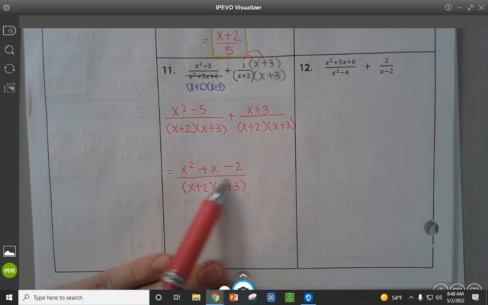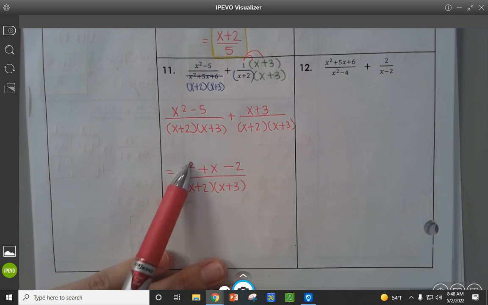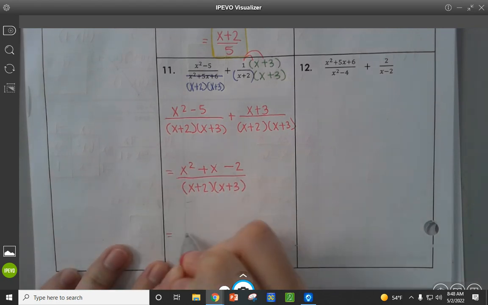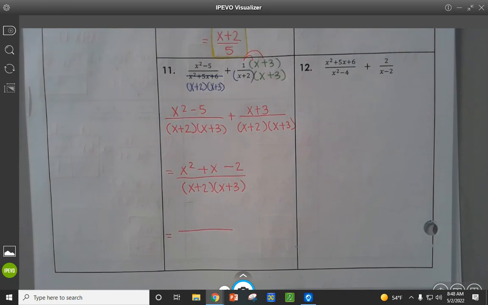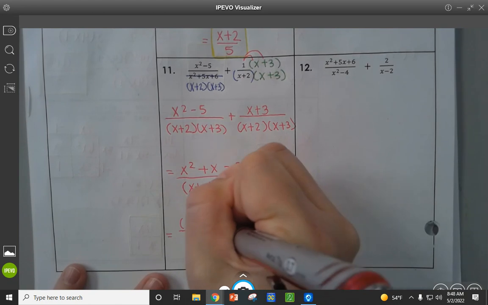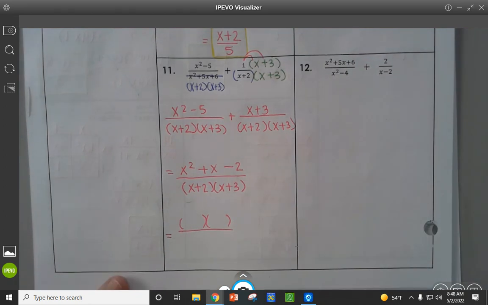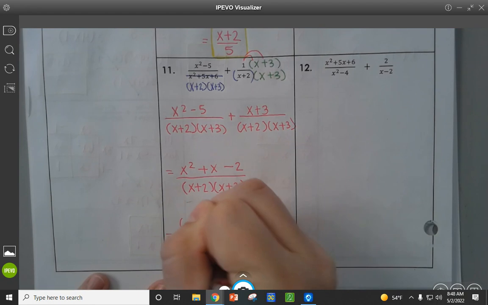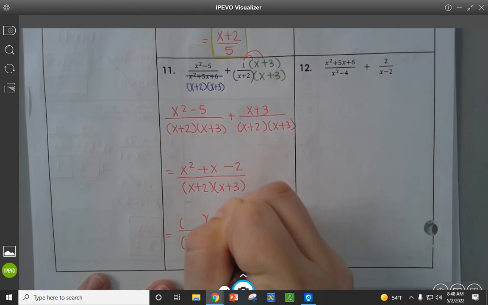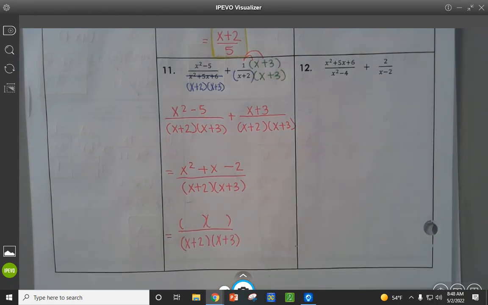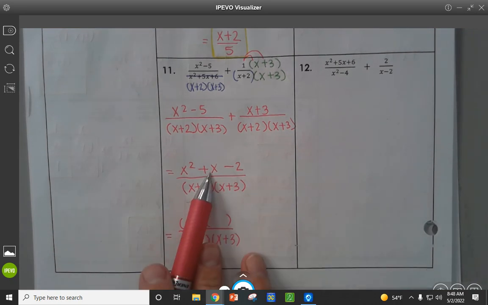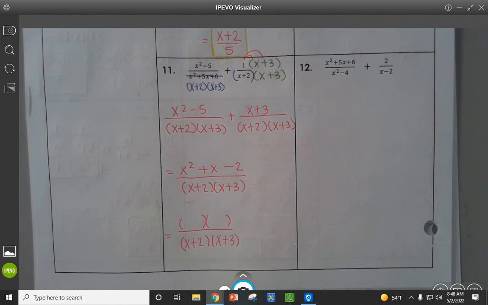Are there any questions on how I got this right here? We need two numbers that multiply to be negative 2 and add to be positive 1. Positive 2 and negative 1.